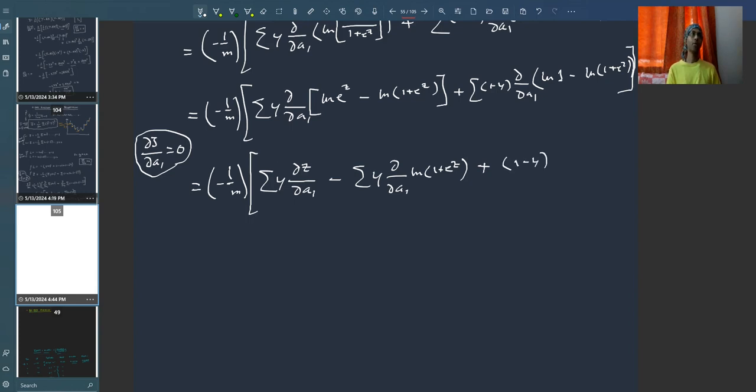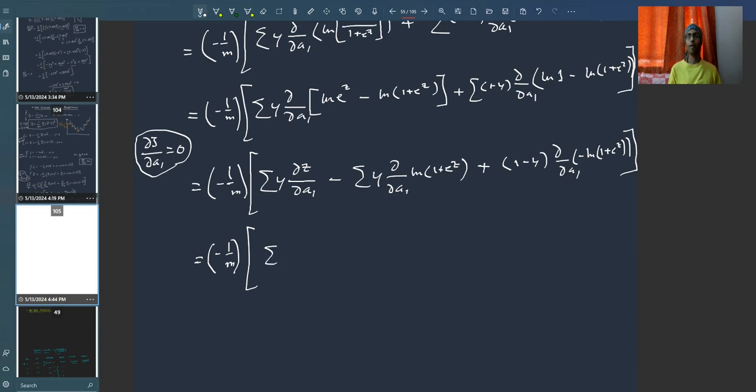Log of 1 is 0, so this expression goes for a toss. This becomes del a1 of minus ln 1 plus e to the power z. Minus 1 by m. This one becomes x, because z is equal to a0 plus a1x, so this one becomes x.